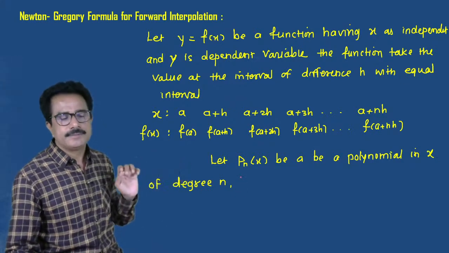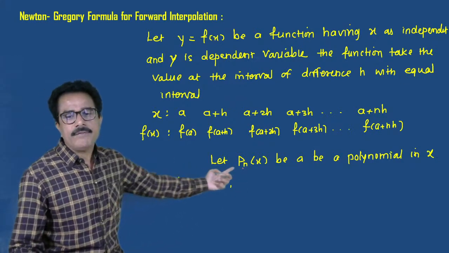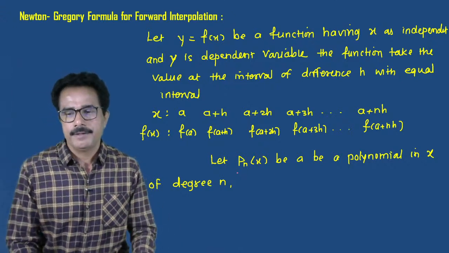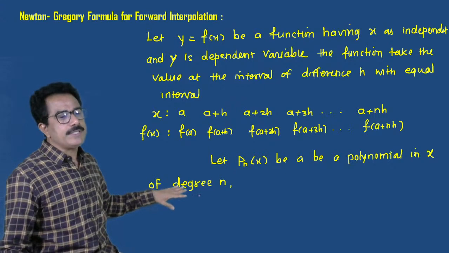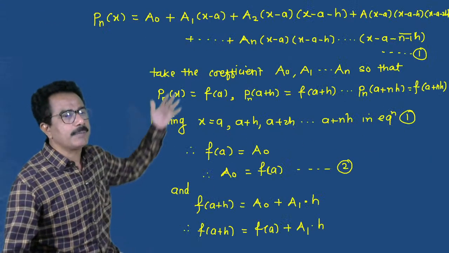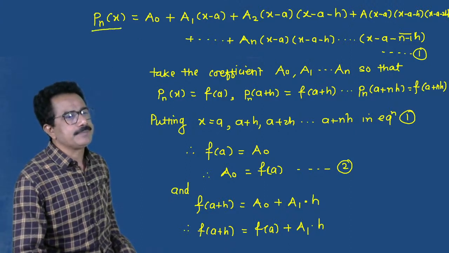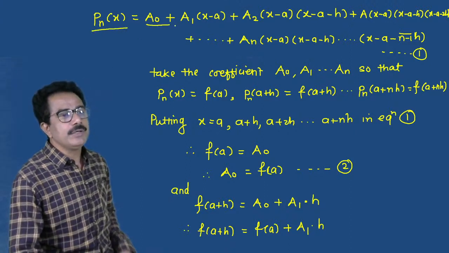Now let Pn of x be a polynomial of x of degree n. How to write that polynomial? See this, Pn of x is given by a0.